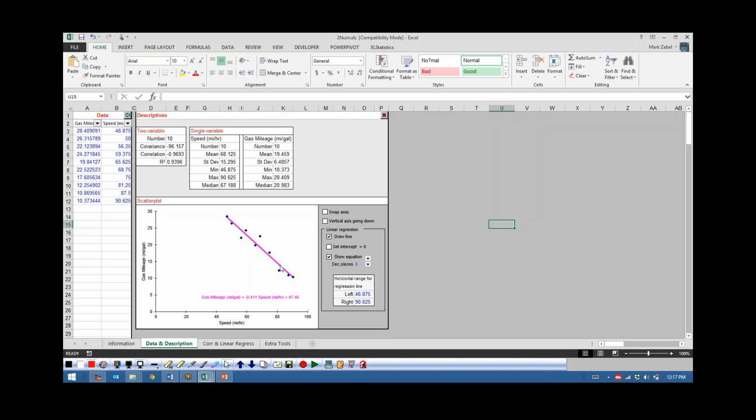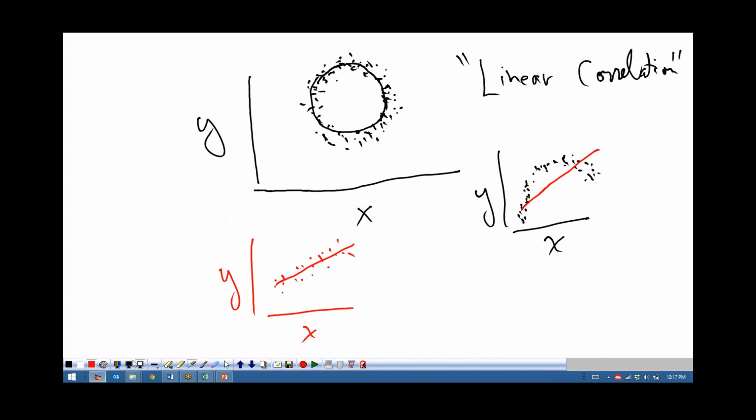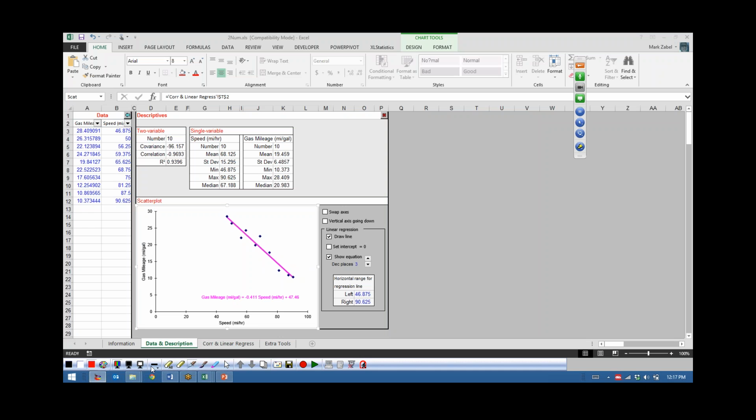Like, for example, I'm jumping ahead a little bit, but we might ask the question, what would happen if I were driving 70 miles an hour? What gas mileage would I expect to get? I could just start on my 70 right there, go up to here, go across.